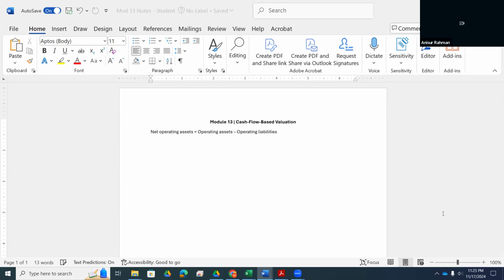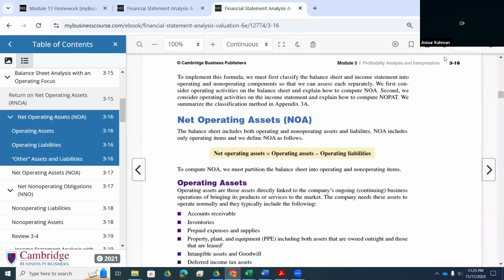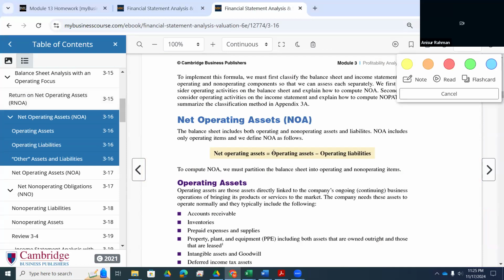Some of the information that we are going to use in this module comes from module 3. For example, this net operating assets has been discussed in module 3. Let me show you. If we go to module 3, page 16, you'll see net operating assets is equal to operating assets minus operating liabilities.